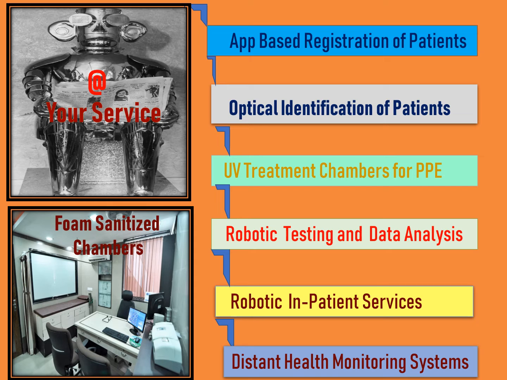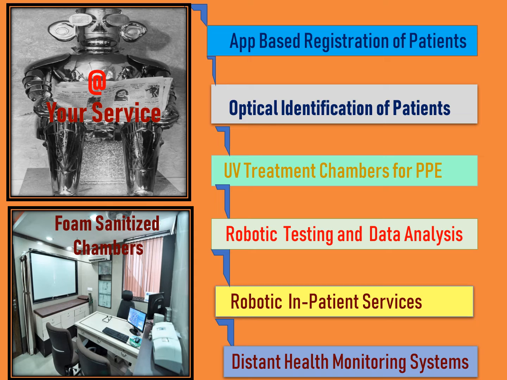Next one is very important: the optical identification of patients from a long distance if symptoms are present. That means if healthcare staff are provided with some sort of optical lens designs, they will be able to identify the symptoms of patients from a long distance, so that close touch may be eliminated.